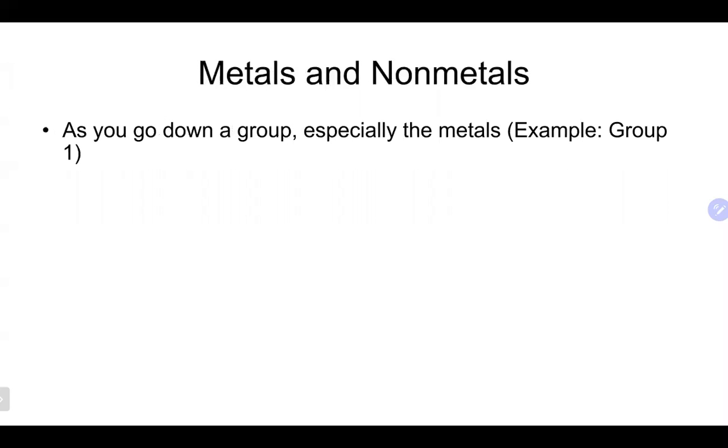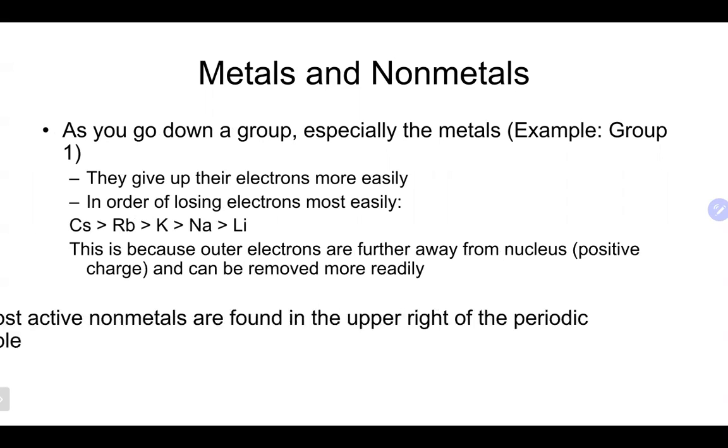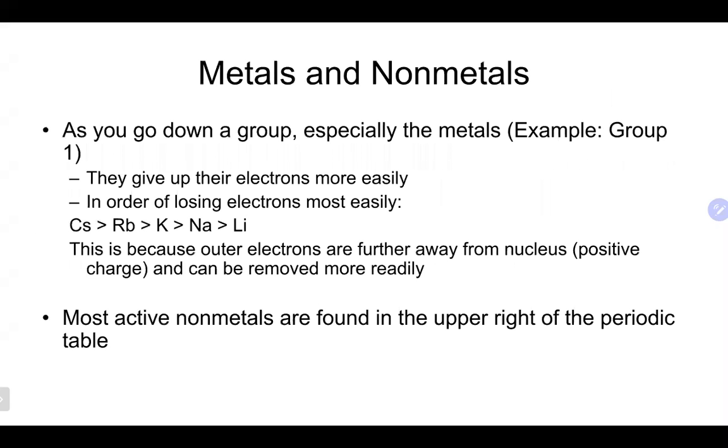All right, let's talk a little bit about some periodic trends and why we see what we see with metals and non-metals. First off, as we go down a group of metals, they tend to give away their electrons a lot easier, because the outer electrons are further away from the nucleus.